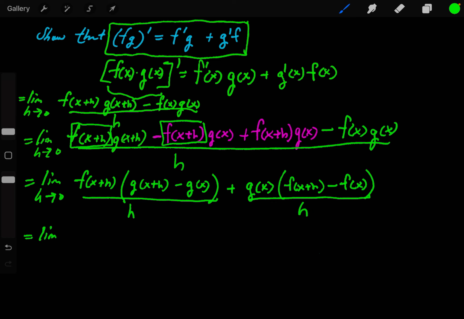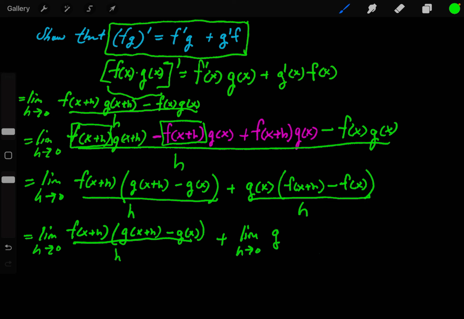So I can write it as the limit as h goes to 0 of f of x plus h times g of x plus h minus g of x over h, plus the limit as h goes to 0 of g of x times f of x plus h minus f of x over h.